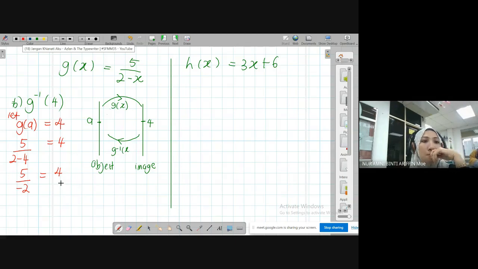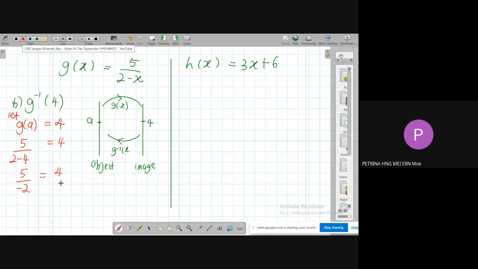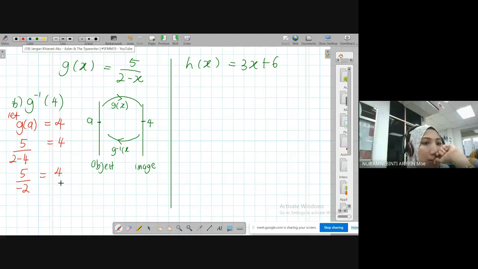Betul ke? Petrina dapat tak? A equals to 3 over 4. Betul. Macam mana you buat? Betul lah tu. Dapat tak? Okay, cuba buat B pula.